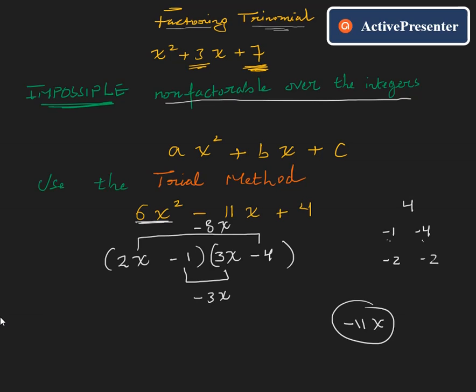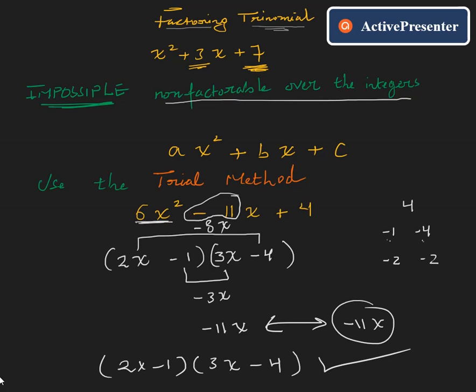If you add them together, you will get -11x. This is exactly the middle term we are looking for. Then our factoring, which is (2x - 1) multiplied by (3x - 4), is the correct factoring.